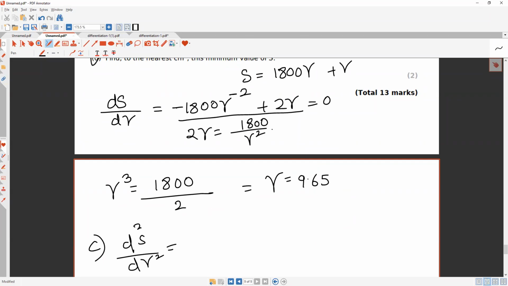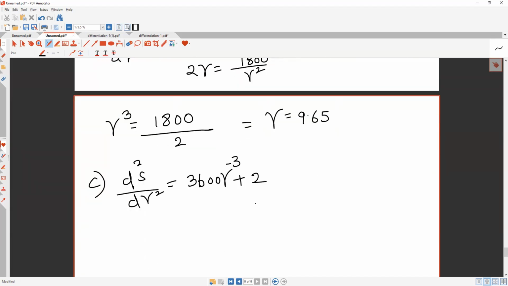So what will it be? It's going to be plus 1800 multiplied by 2, that is 3600, r raised to minus 3, plus 2.